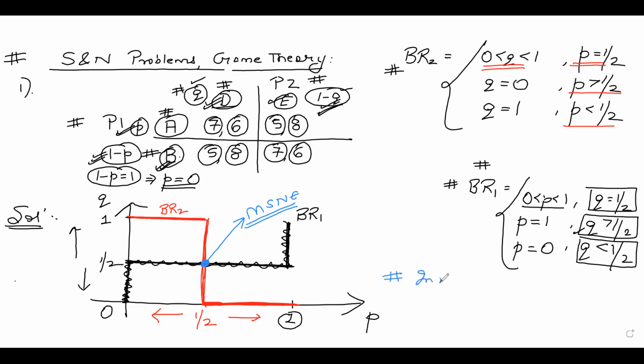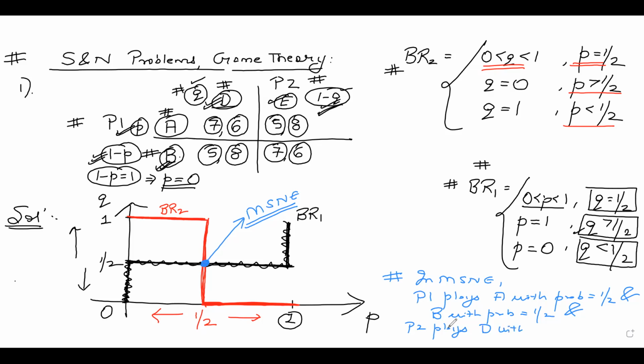So in the mixed strategy Nash equilibrium, player 1 plays A with probability half and B with probability half, and player 2 plays D with probability half and E with probability half.